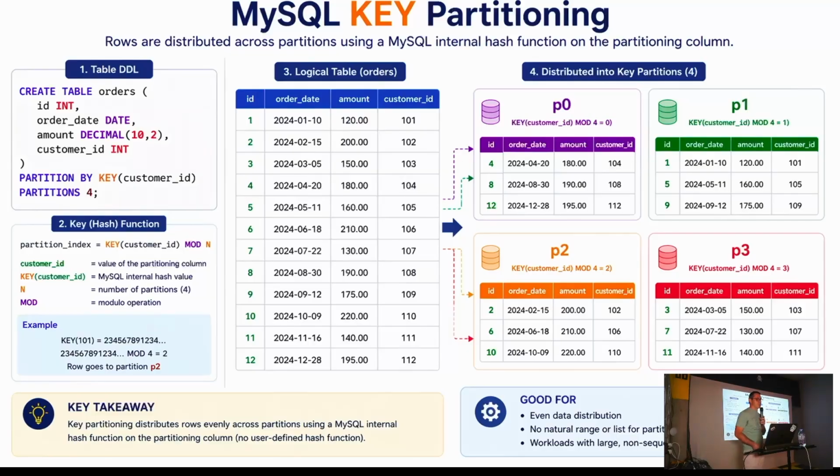For key partitioning, MySQL defines its own algorithm for doing the calculation of the hash in the background, and you can provide the partitioning column on which you want to apply this function, or you can omit it for key partitioning. If you omit it, it will by default use the primary key of the table. So the end effect is evenly distributed rows between the number of partitions, similar to the hash.